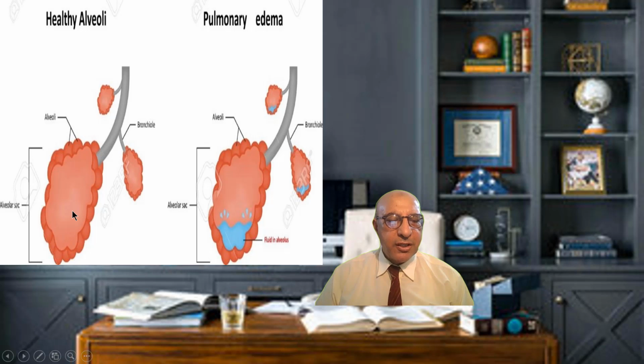This is the area where there is exchange between the capillary blood and the alveolar sac, getting oxygen and removing carbon dioxide. On the right side, in a case of pulmonary edema, we have got fluid in the alveolar sac, preventing this gas exchange, inducing hypoxia and hypercapnia in severe cases.